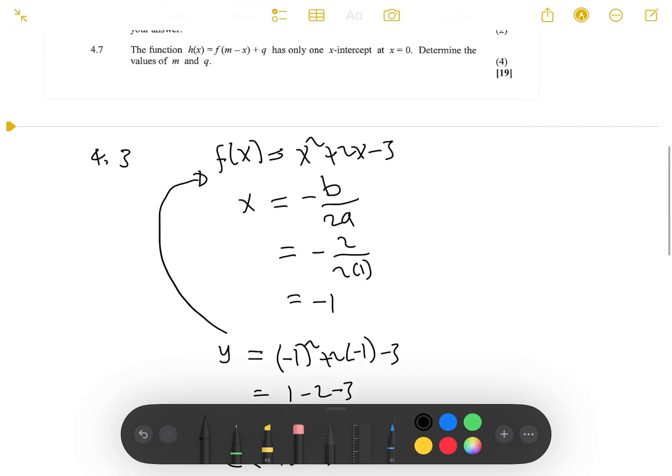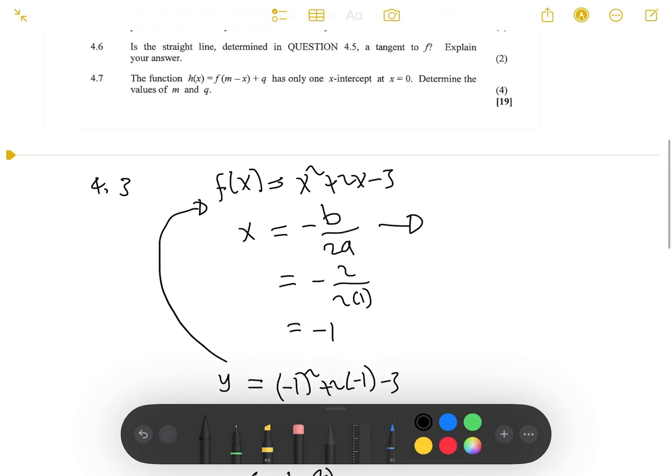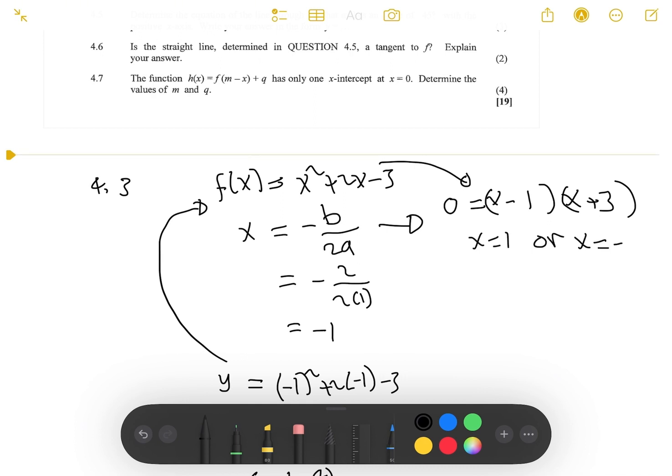Yeah, but also speaking about the x coordinate, in case maybe you had forgotten about this method, another way of finding the x coordinate is, I think it's longer, but you can factorize this, right? (x minus 1)(x plus 3). And then from there, x goes to 1 or x goes to negative 3, right?